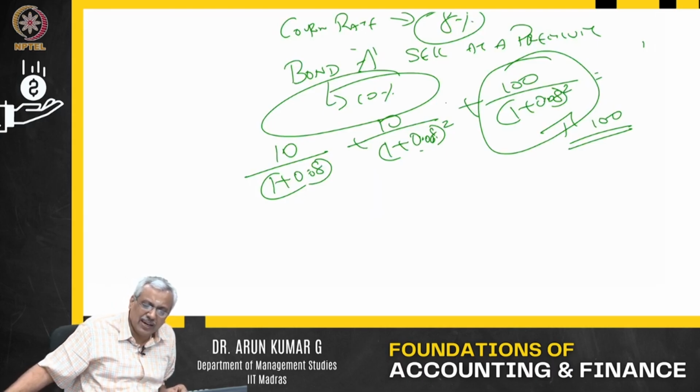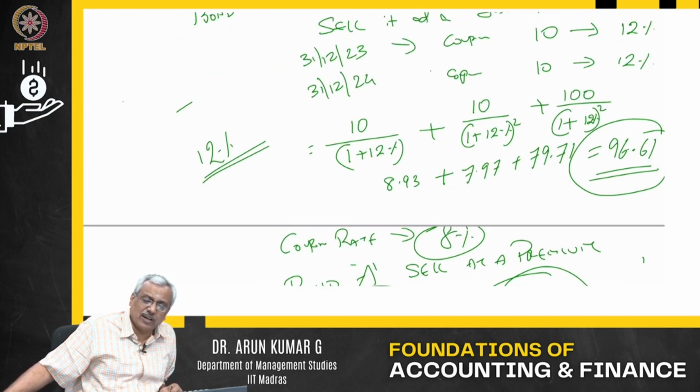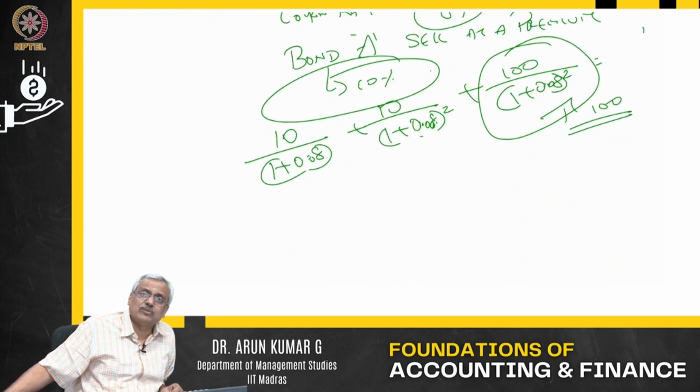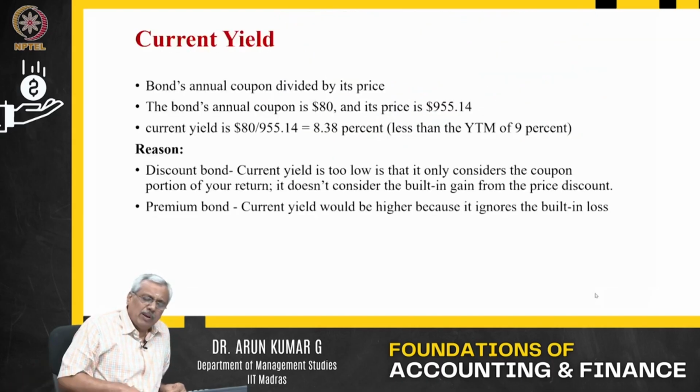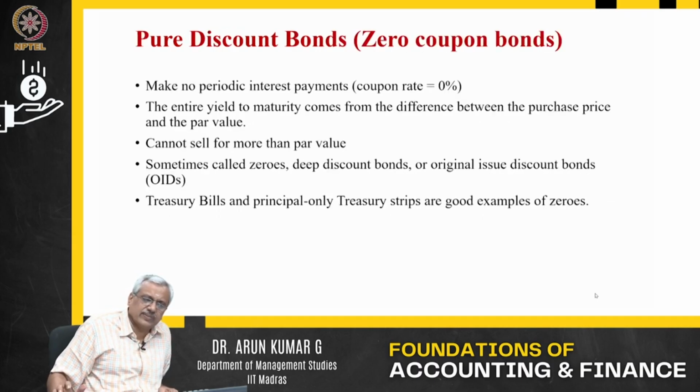Even the principal got discounted at 8% or 12% or whatever the percentage I looked at. For a premium bond, current yield will be higher because it ignores built-in losses. That's perfectly all right. Let's not get into too much detail on that.